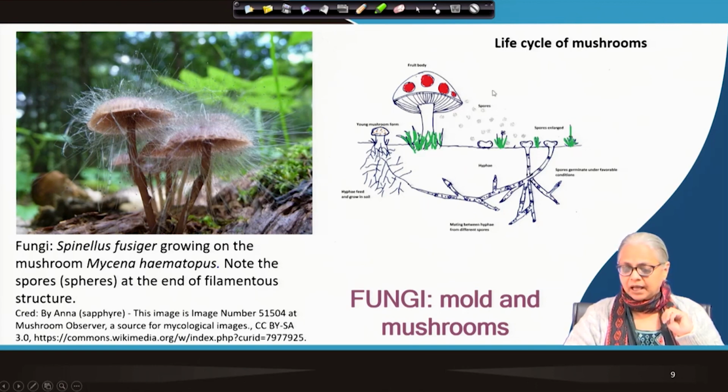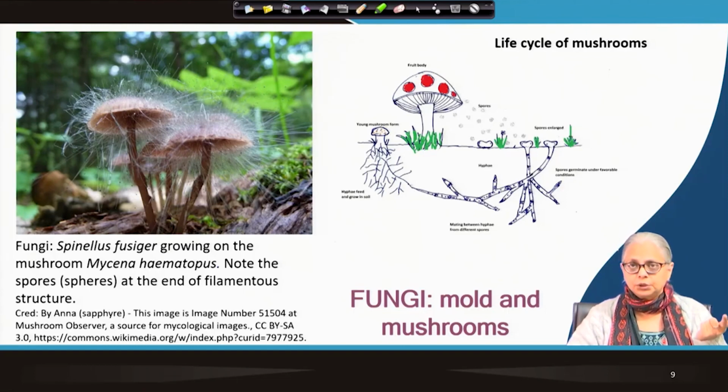So here we have, now how do these mushrooms propagate? So let's say a spore forms and it drops off from the original fruiting body, and it falls in a place where there are favorable conditions. So what are the favorable conditions? Mushrooms will generally be found where there is ample moisture and ample nutrients.